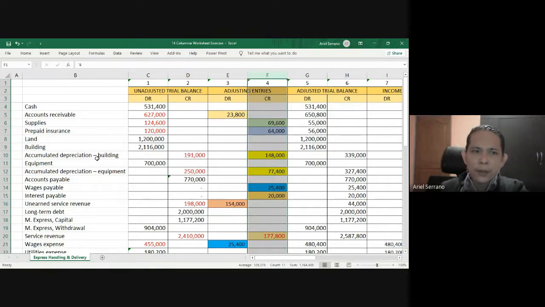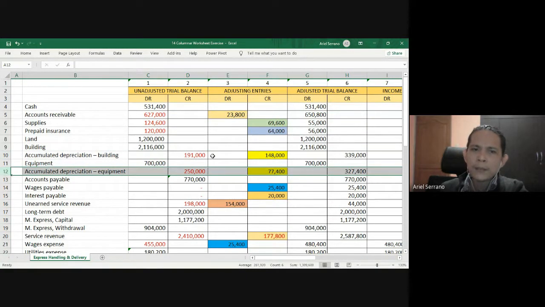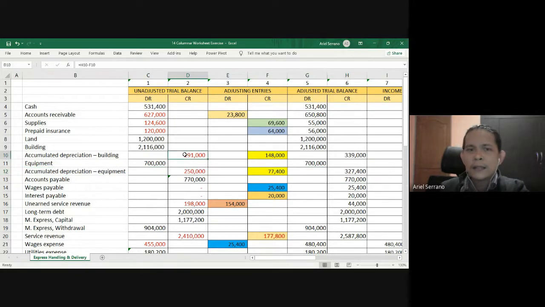For example, we have our accumulated depreciation. The normal balance of accumulated depreciation is credit because this is a contra asset account. That is why it has to be placed on the credit side. Although this is an asset, this is a contra asset account because it reduces the cost of your building and the cost of your equipment. So be careful not to put it on the debit side. It should be on the credit side.